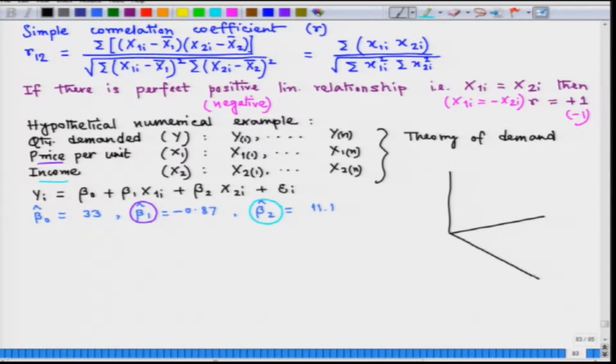So, let me draw a 3D diagram where I measure my y or quantity demanded and my price and the household income or consumers income. So, this is price, okay. This is my income and y is quantity demanded.